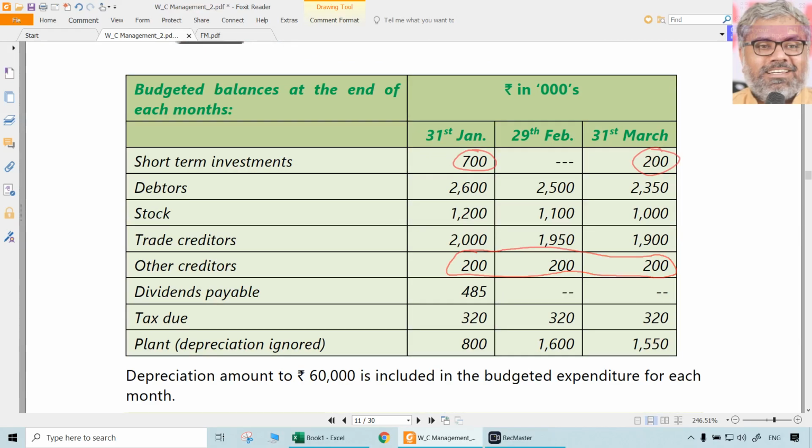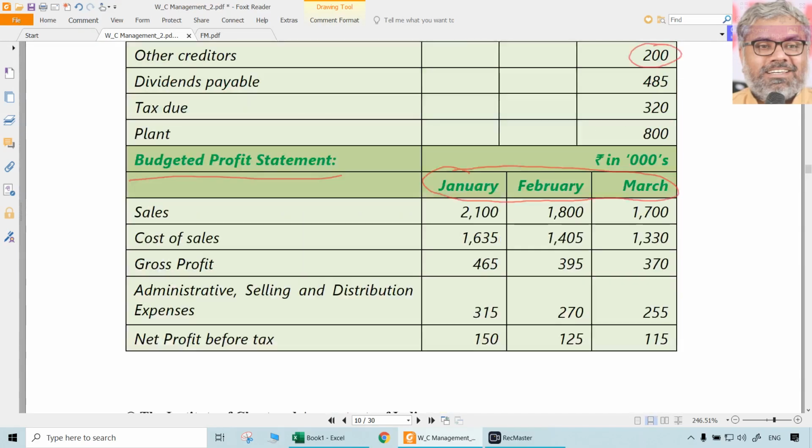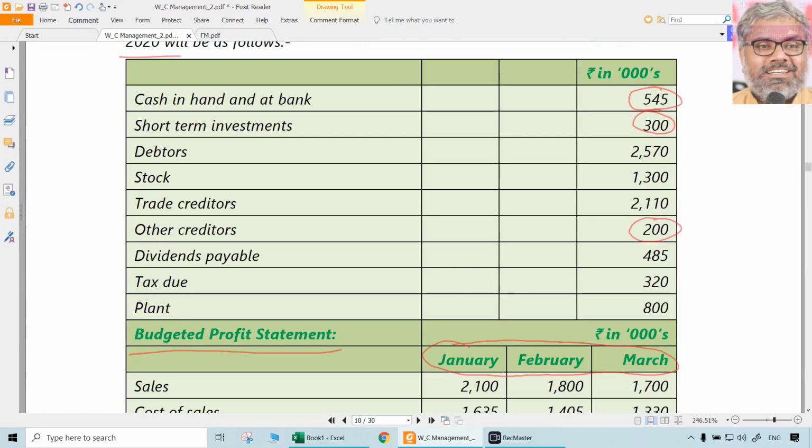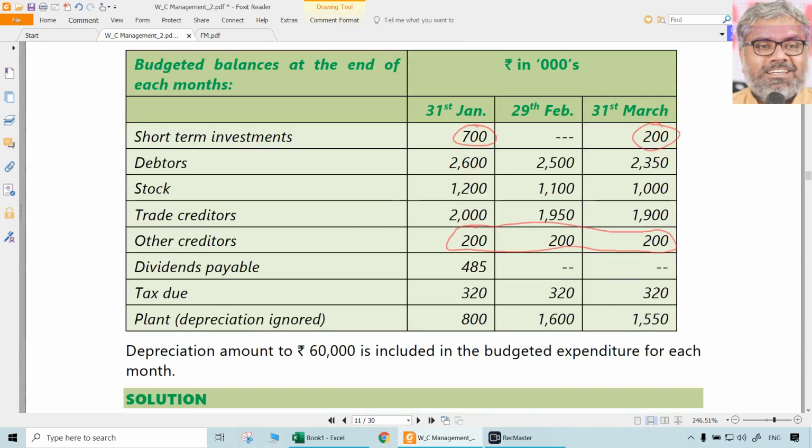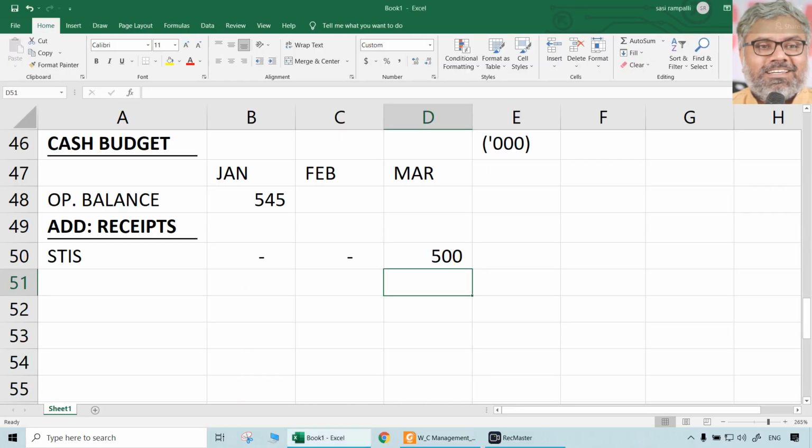Then dividends payable. At the beginning of January it was 485, and at the end of January it was also 485, which means nothing was paid. Later it became 0. How? Suddenly magic? Definitely it would have been paid.